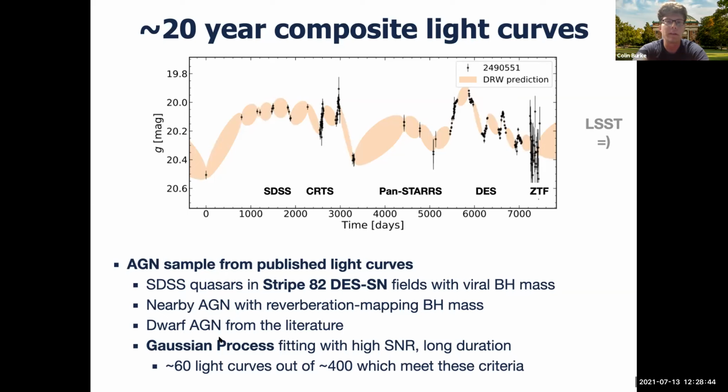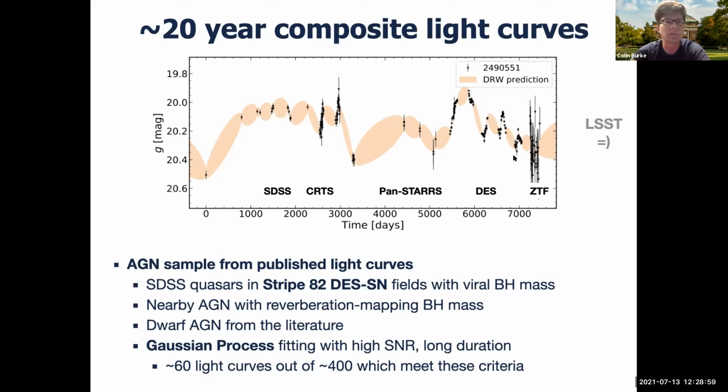And this orange error ellipse model here is our damped random walk model, an example. The nice thing about this sort of Gaussian process fitting is it doesn't really matter if the sampling is irregular. It can handle that consistently. And we did a lot of simulations to double check that as well.